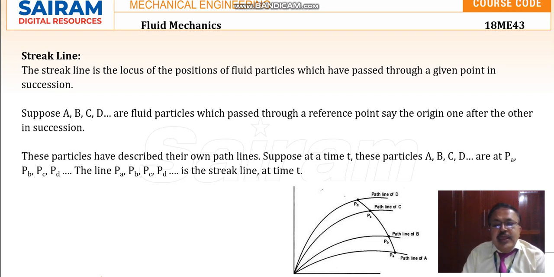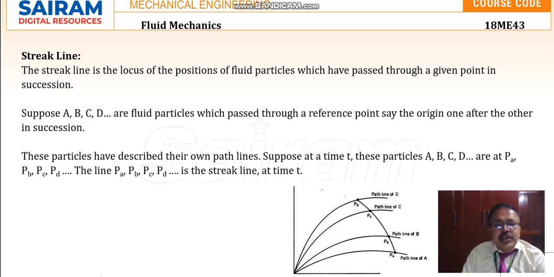Suppose at a time t, these particles A, B, C, D are at PA, PB, PC and PD. Then the line PA, PB, PC, PD is the streak line.